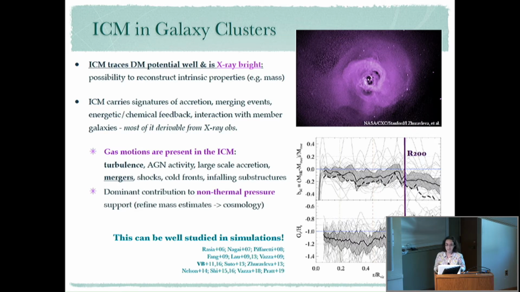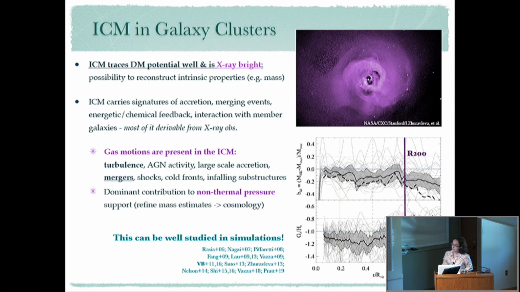And most of these things can actually be derived from X-ray observations. So the idea behind my work and this project is actually to combine what you can get from simulations with what you can expect from real X-ray observations.